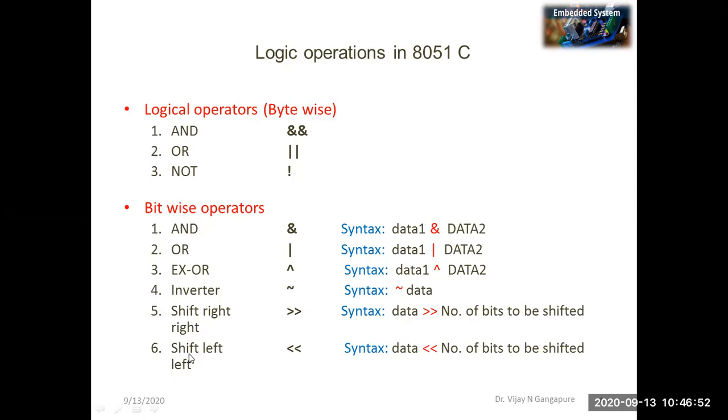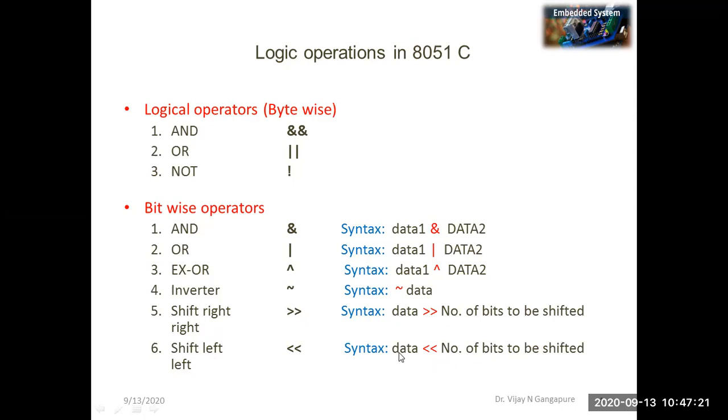Similarly, the shift left operator. The symbol is exactly opposite compared to the shift right operator, that is a double less than sign. Its syntax is like shift right: data, shift left operator, and the number of bits to be shifted left.